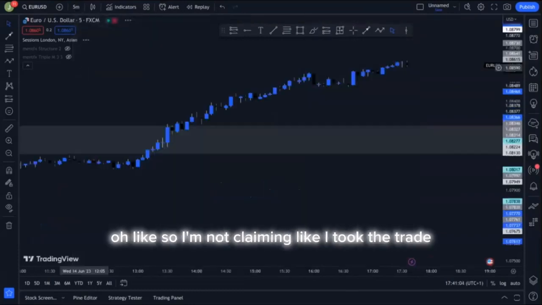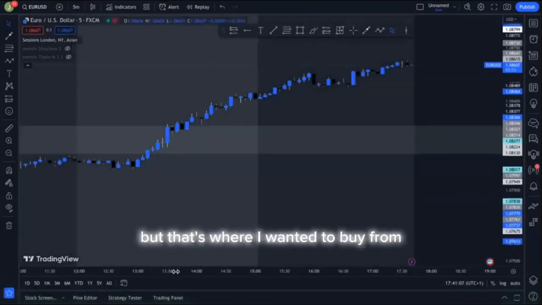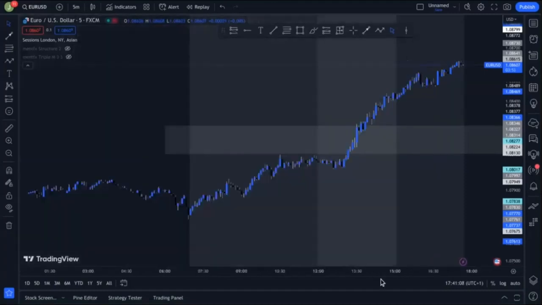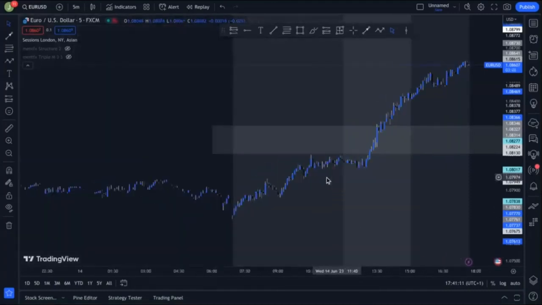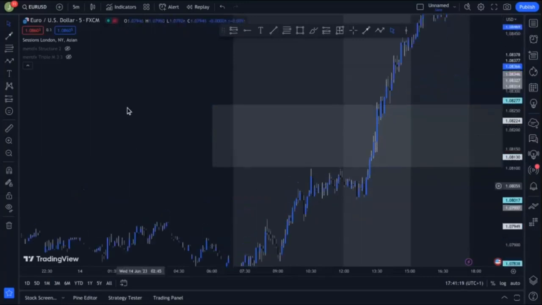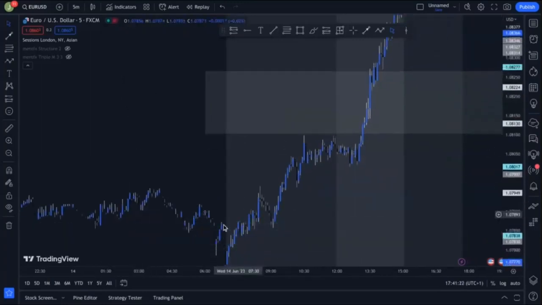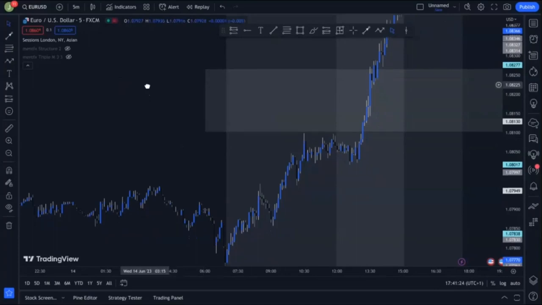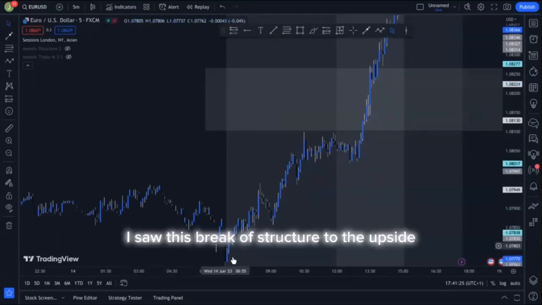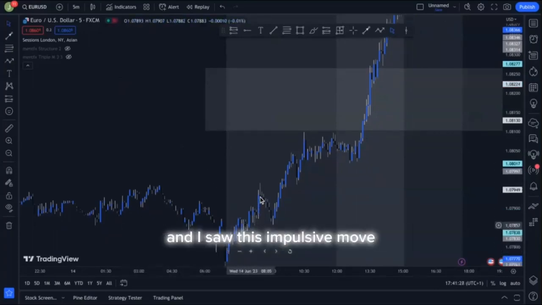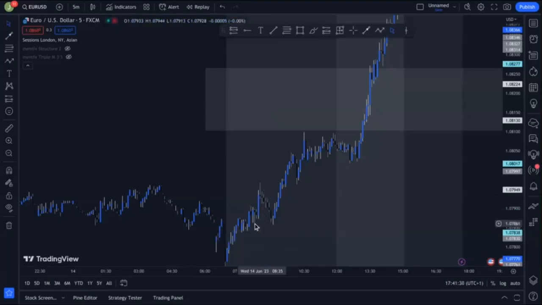So I'm not claiming I took the trade, but that's where I wanted to buy from. So this is what I saw. That retracement, I saw this break to the upside, then I saw this impulsive move. I wanted to buy from here, which would have been a lot of pips, but it's okay.